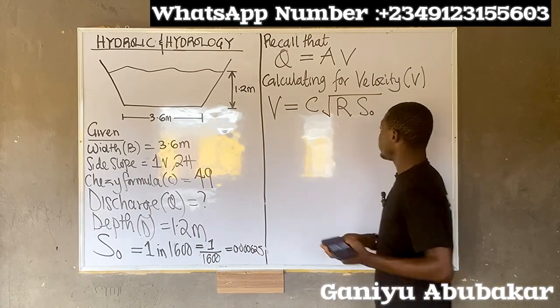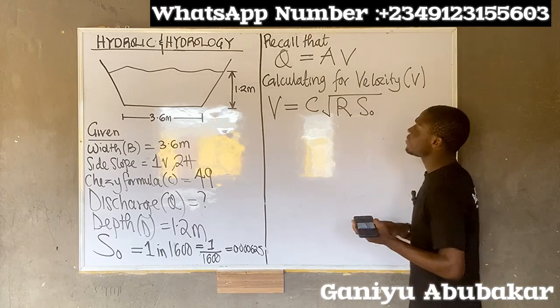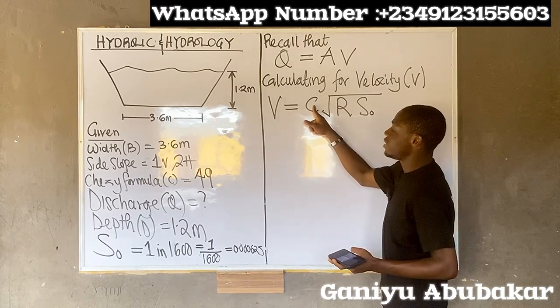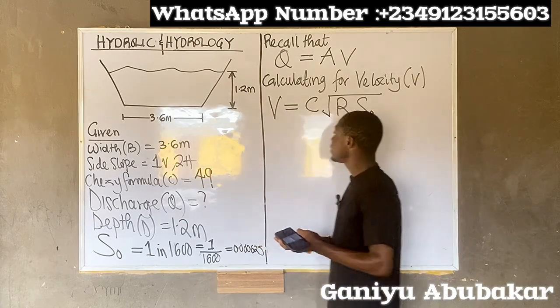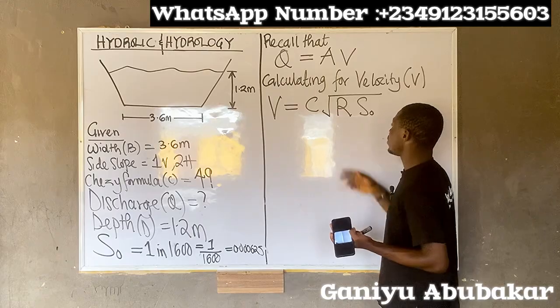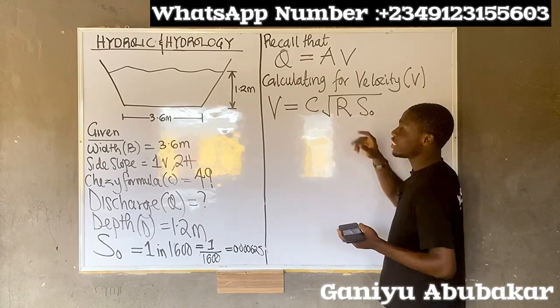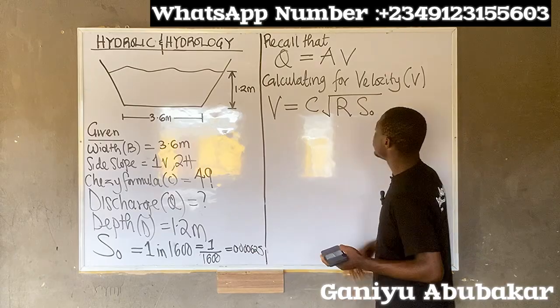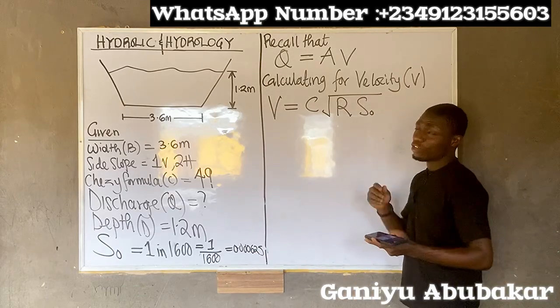I have this one here. To get V easily, I need three things. I need C, and C is given as 49. I need R, the hydraulic radius, which is not given yet. I need S naught, which is given as 0.000625.